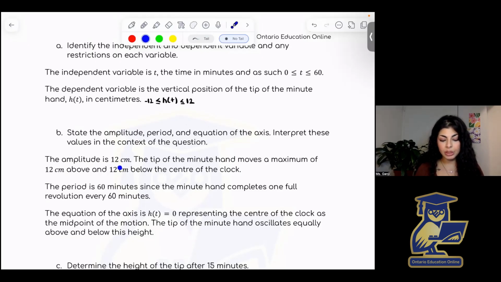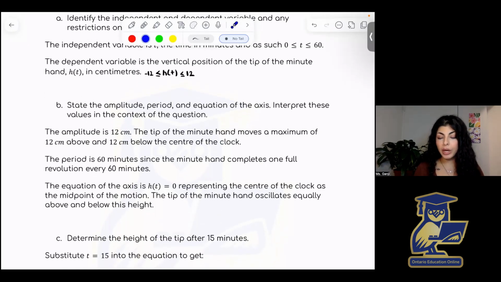Of course the amplitude is 12 centimeters, which we get from the coefficient A, and this tells us the tip of the minute hand moves a maximum of 12 centimeters above and 12 centimeters below the center of the clock, which is what we had over here. Now the period, and really we don't need to know the horizontal stretch and compression here because we know that the period is 60 minutes because we are considering one full rotation over 1 hour.